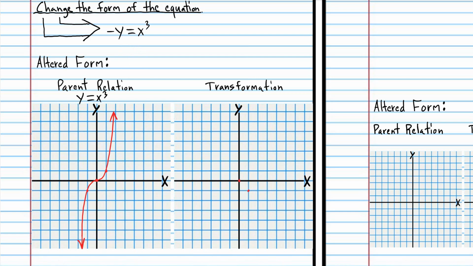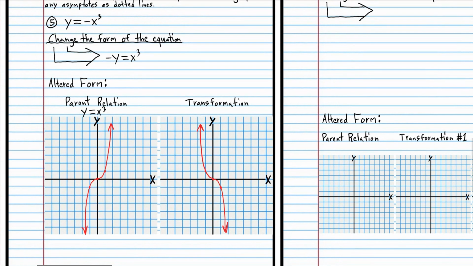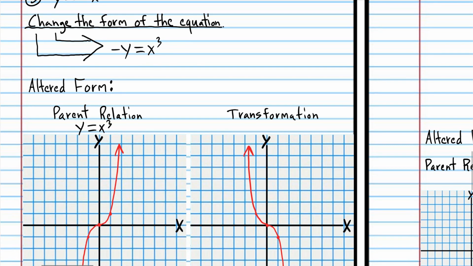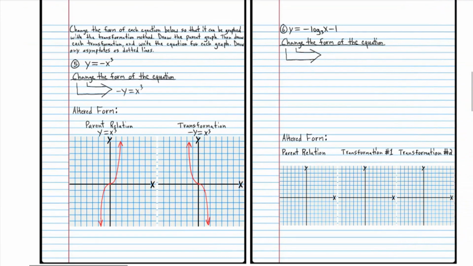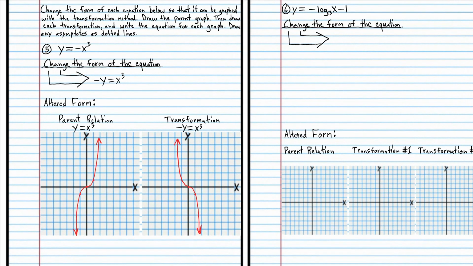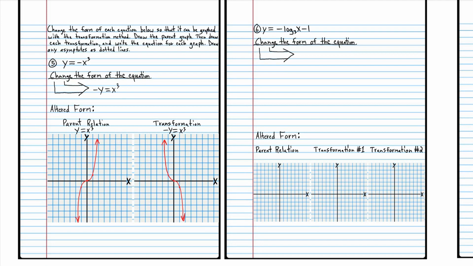So our new graph is going to look like this. So that's the graph of negative y is equal to x cubed. So if you got that right, good job. Okay, try number 6, and when you come back, we'll do it together.